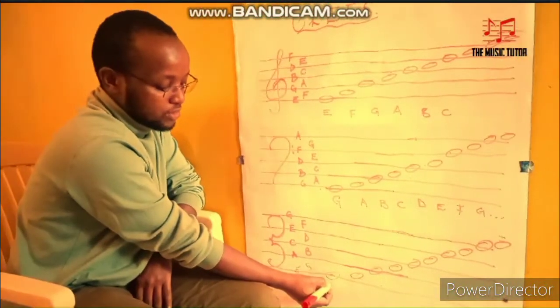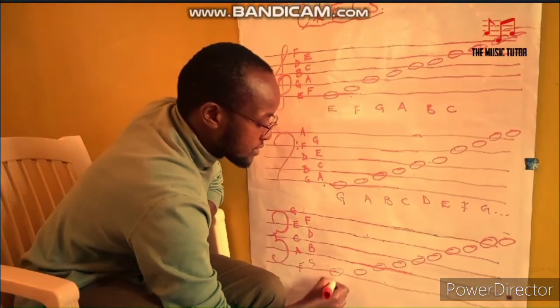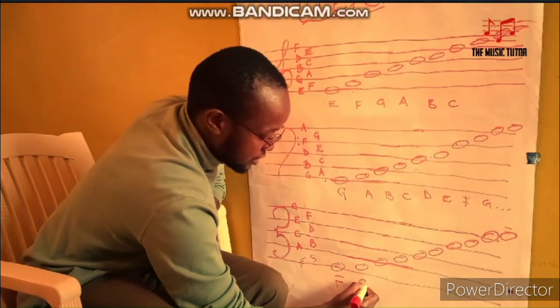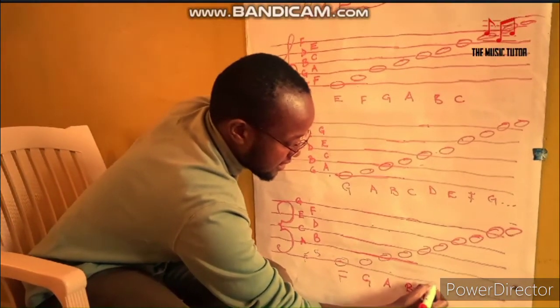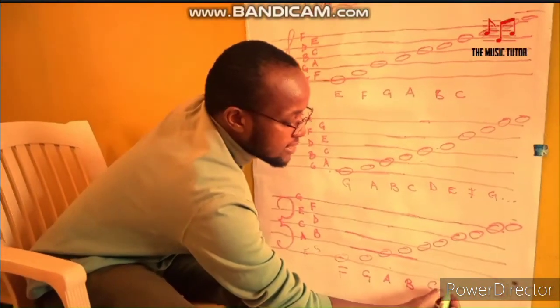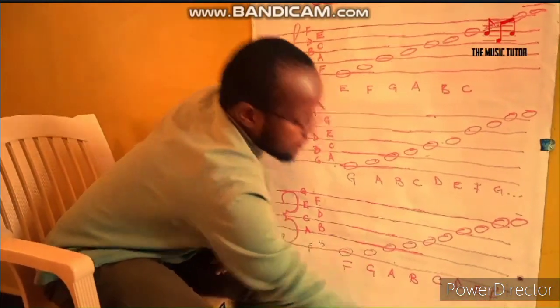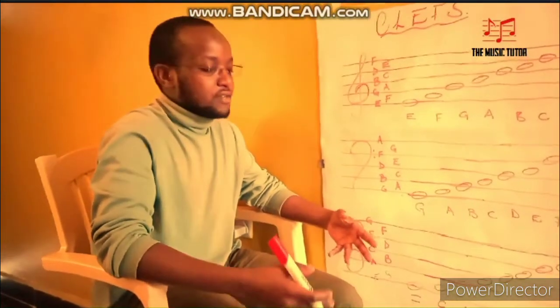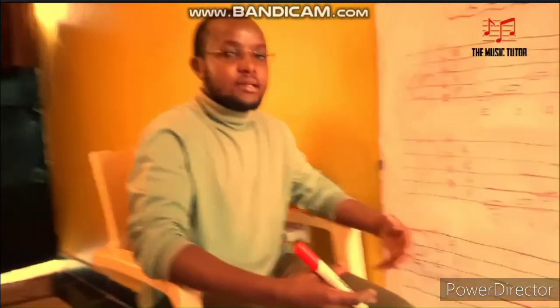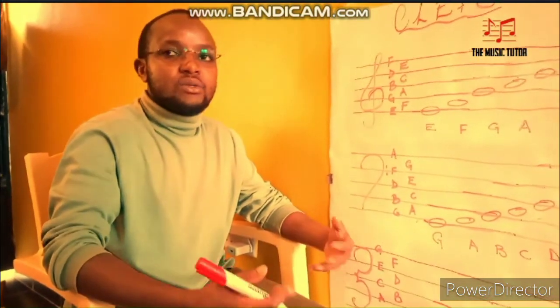So this note here below of the first line is note F. This is note G. This is note A. This is note B. This is the note C, middle C. This is note D. This is note E. This is note F. And subsequently, the same trend continues. And that's, as I've already told you, that notes start from A to G and recur A to G.